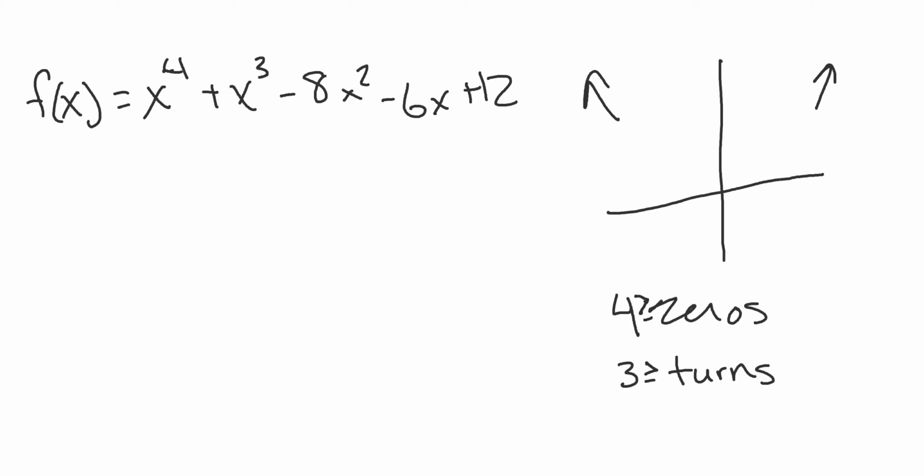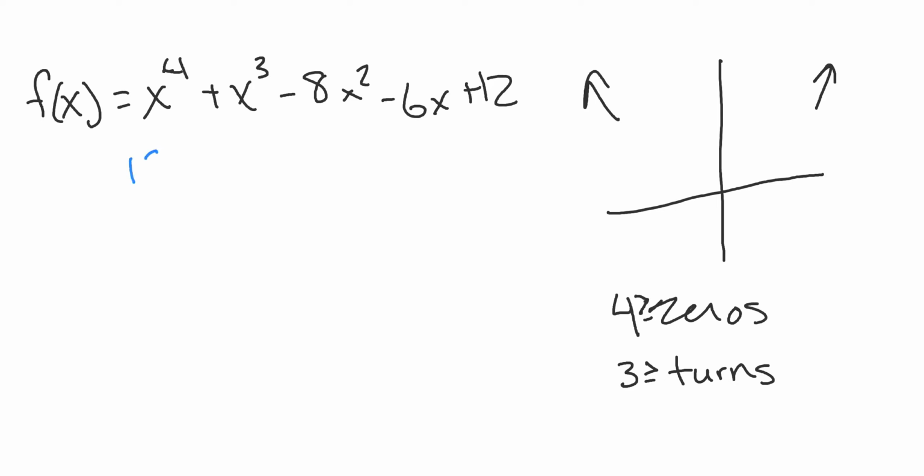And we can find the upper and lower bounds of these things. So let's start by just listing what all the possible rational zeros are. Since our leading coefficient is 1 and our constant term is 12, that means all the possible rational zeros are going to be factors of 12.